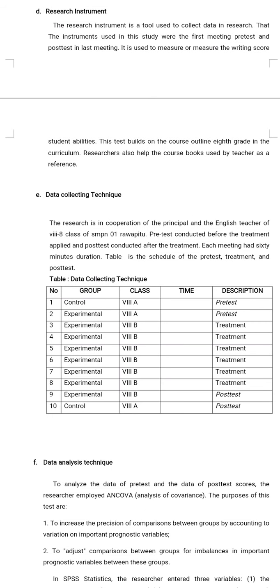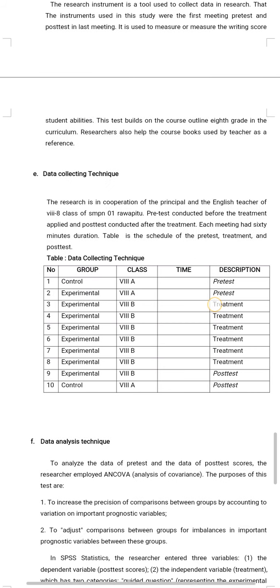It is used to measure the writing score and student abilities. This test is based on the course outline of each grade and the curriculum. The researcher also uses the course book used by the teacher as a reference.